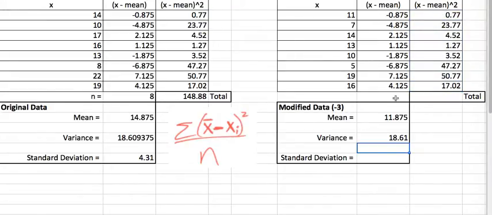And notice my variance is 18.61. If I got the decimals out, notice it's exactly the same as what I have over here. Therefore, if I take the square root of that, again, I'm going to get 4.3138 and so on.